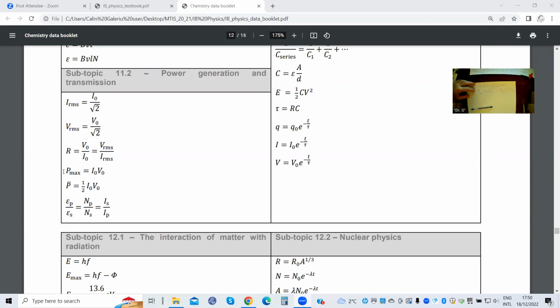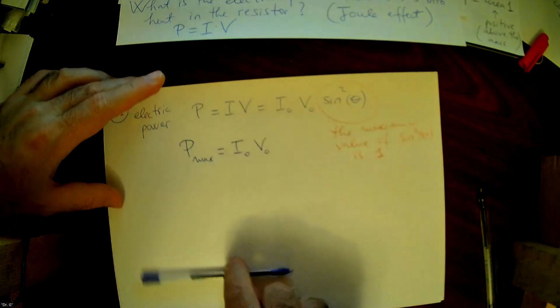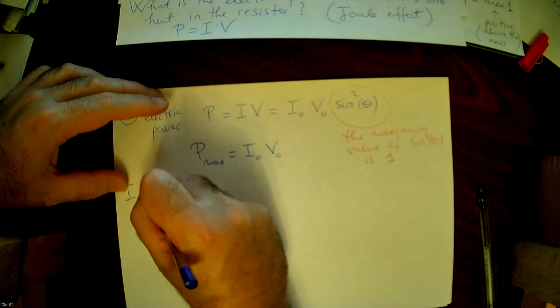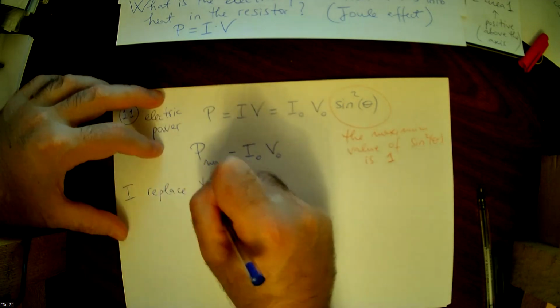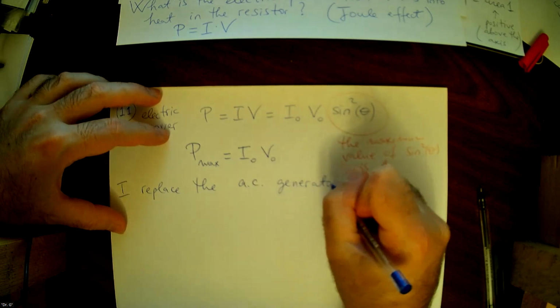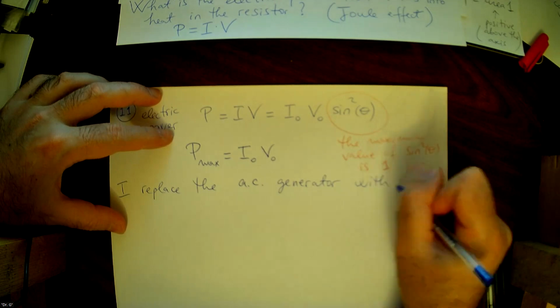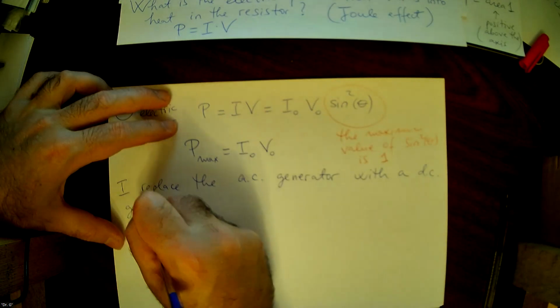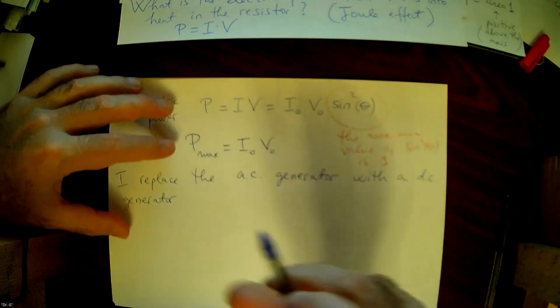Okay, but now I want to find out not the maximum power, I want to find the average power. That means I replace the AC generator with a DC generator.